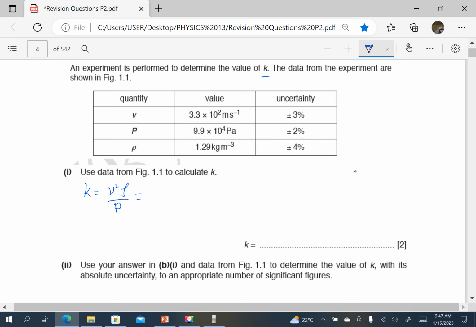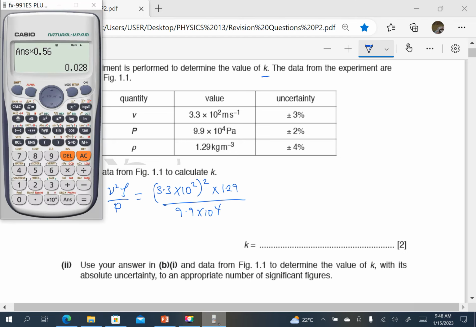All these ones are in their SI units, so I will not convert. So V squared is going to be 3.3 times 10 power 2, squared. Then times density, which is 1.29, divided by the pressure, which is 9.9 times 10 power 4. So I'll press my calculator.